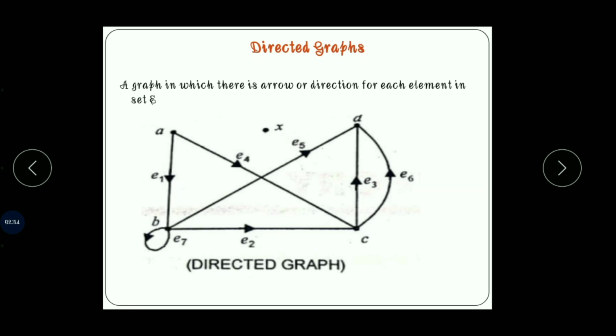Now it can happen that it can go from B to A also. Such graphs in which the edges have direction are called directed graphs.